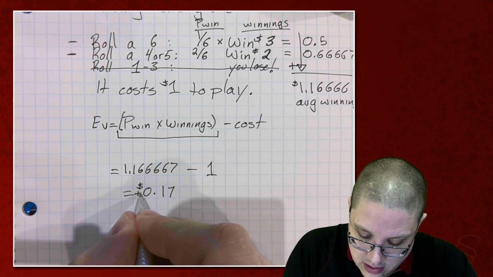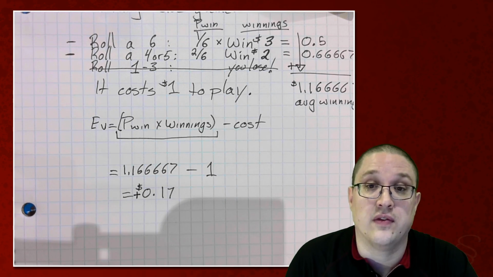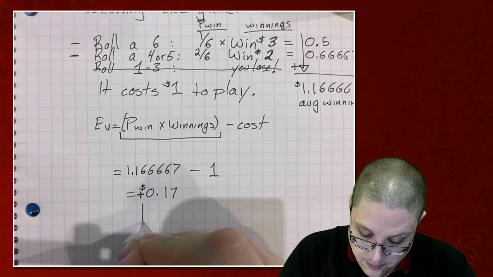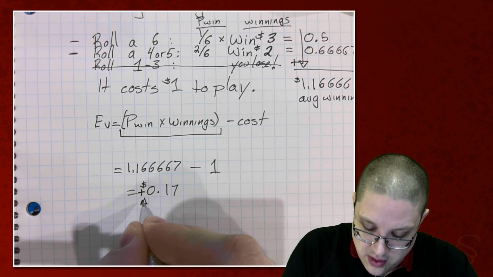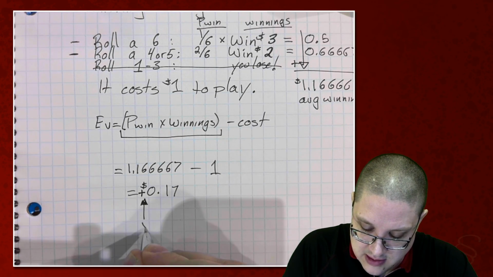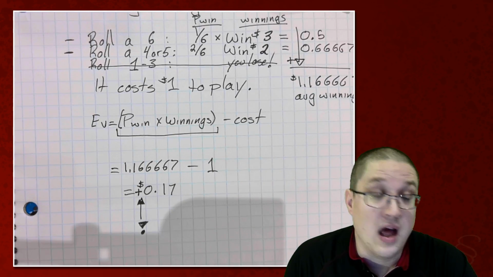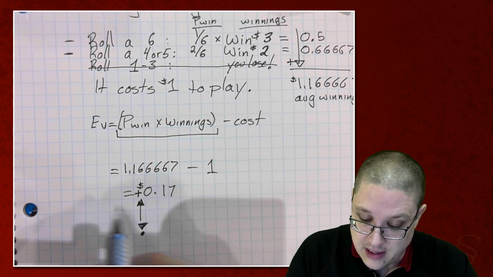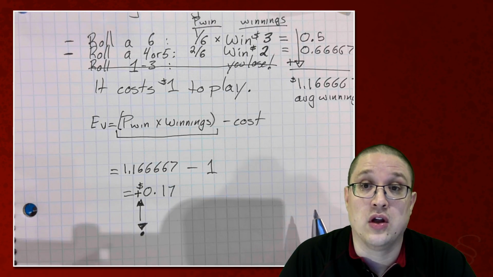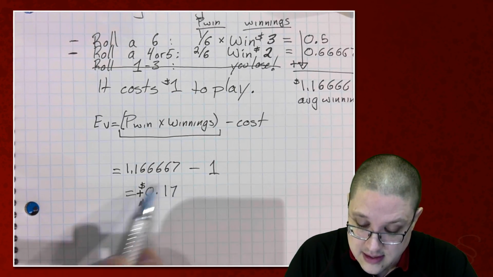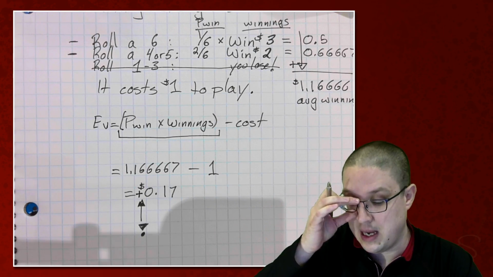Now, you may notice this is positive. That's good. So this being positive is the important part here. I put a little exclamation point there. That's important because this means that you're expecting to gain 17 cents every time you play this game.